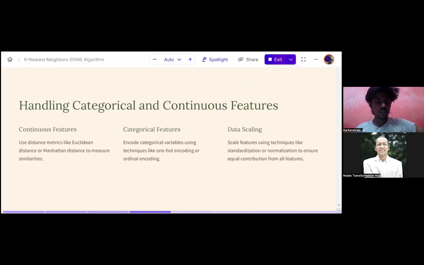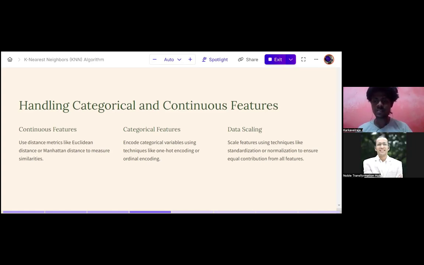Moving on, we are going to see handling categorical and continuous features. I know you guys already know about it. Let's see how to handle this. For continuous features, use distance metrics like Euclidean distance or Manhattan distance to measure the similarity. So whenever you have continuous features, how to calculate is simple. You need to find the distance metrics like Euclidean distance or Manhattan distance to measure the similarity.